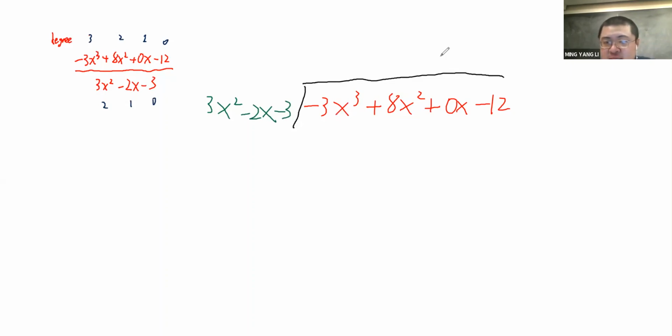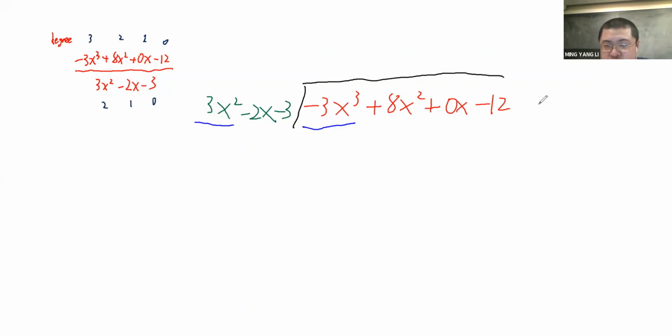So now let's do the same as the previous example. We first compare the leading terms. Let's use blue. We first calculate the division of the leading terms.